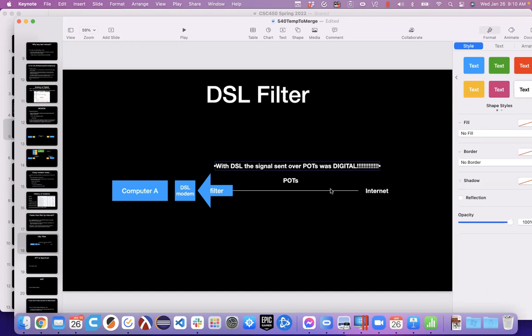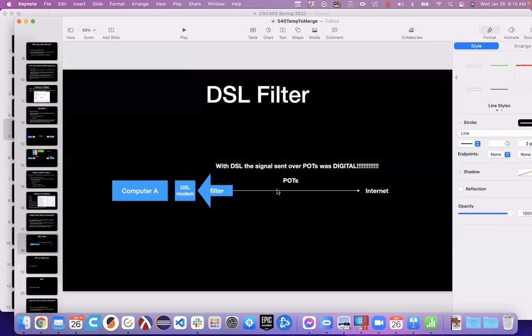So up to this point, we know telephone is traveling over these same lines. Back in those days, we had two different signals, at least. Let's just say in our example here, we had two different signals on this single line. Using that same phone line, I could make phone calls, but I could also get internet using DSL.